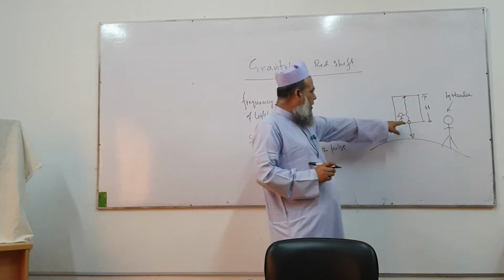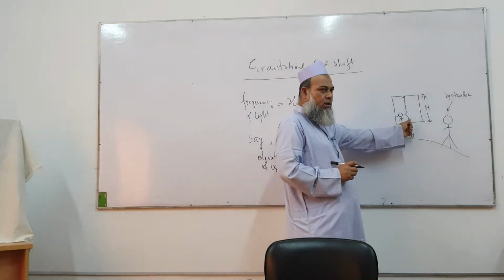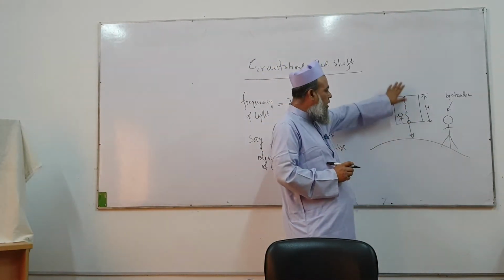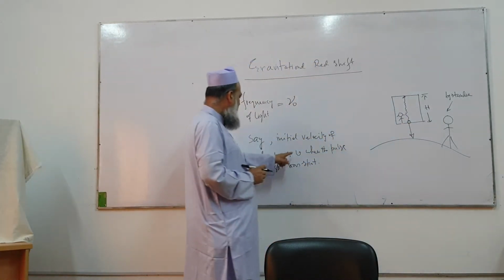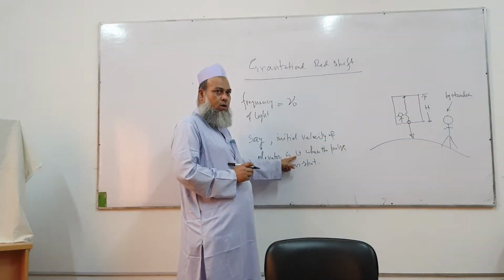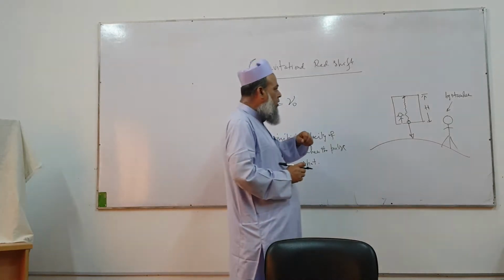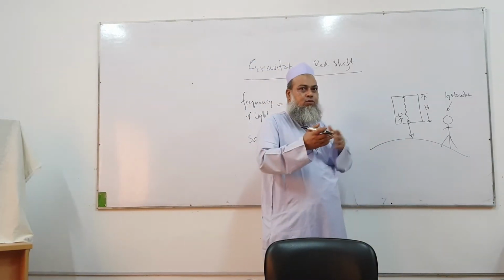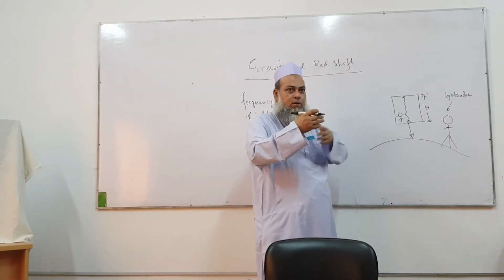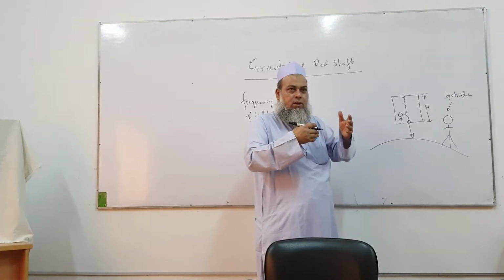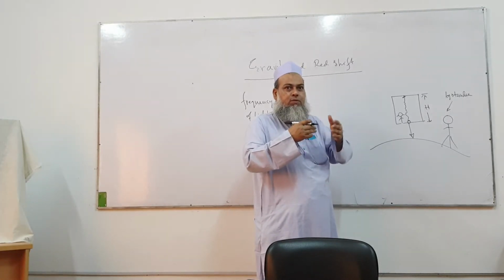When the light pulse is triggered here, then the elevator has velocity V. Okay? So, as we know, if two observers have relative velocity, then there is a Doppler shift of frequency.